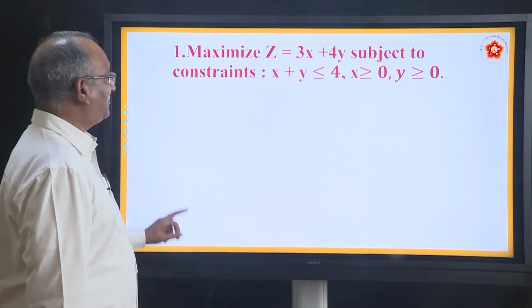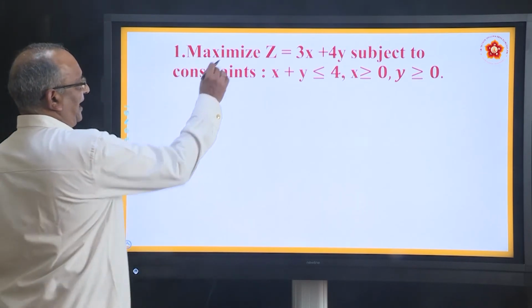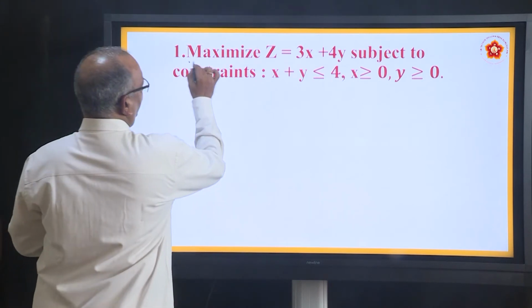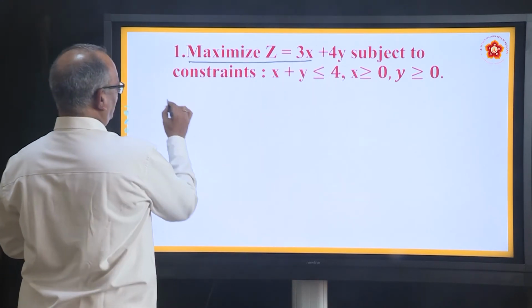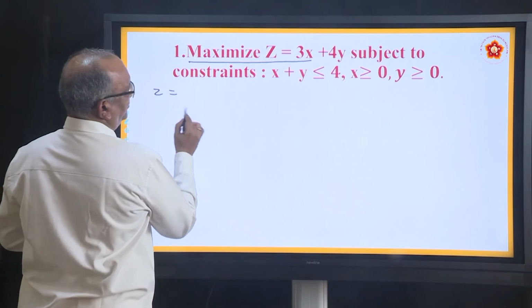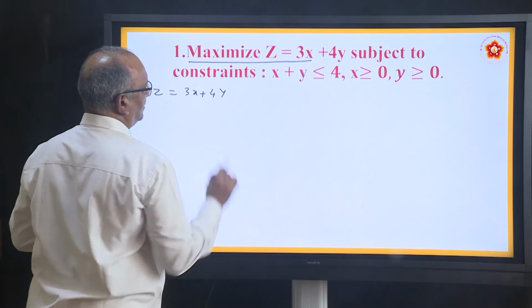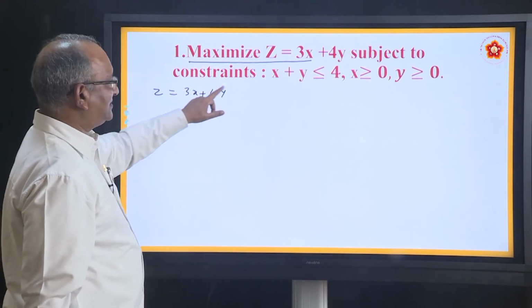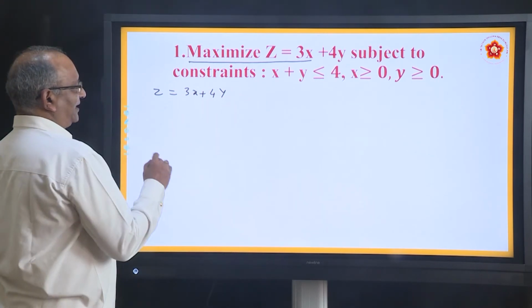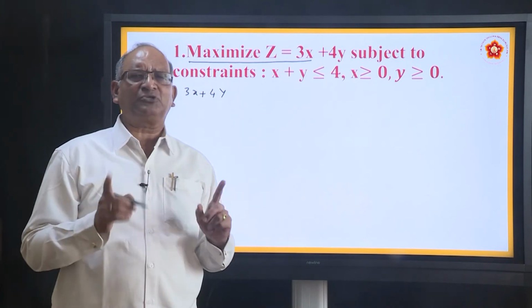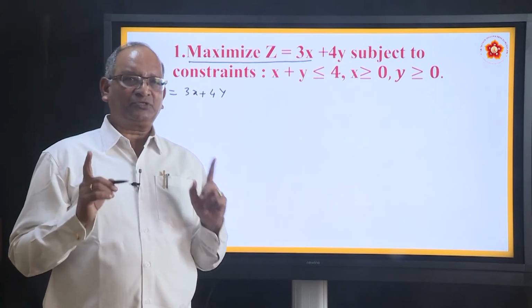So now let us see what the problem is. He says maximize Z. He wants us to maximize that. So Z is equal to 3x plus 4y. What are the constraints? First constraint, x plus y is less than or equal to 4. So what is it that we are supposed to do?